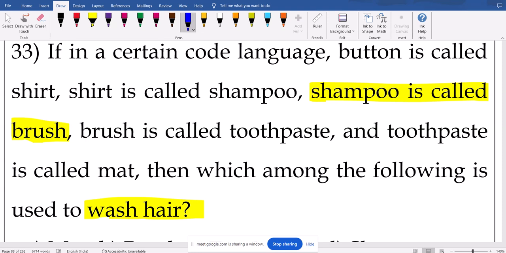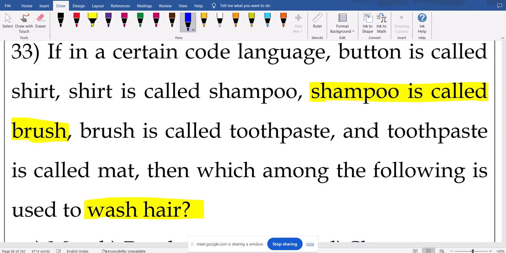The problem is that it won't read the entire logic, it reads the last line. That's why we keep saying don't blindly believe ChatGPT. It will go for the last line's meaning, that's it. It will give shampoo only, but that's not the correct answer.